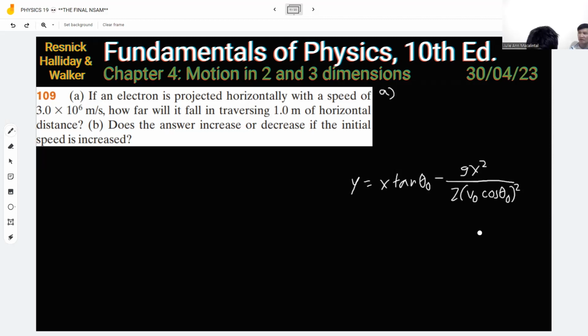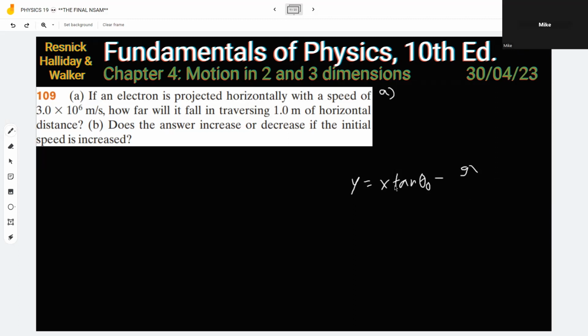It's easier to derive the more complicated stuff than to memorize it. Pero hindi, wag mong i-derive yan, kasi hindi mo kailangan yan dito. I'm suggesting an alternative method.